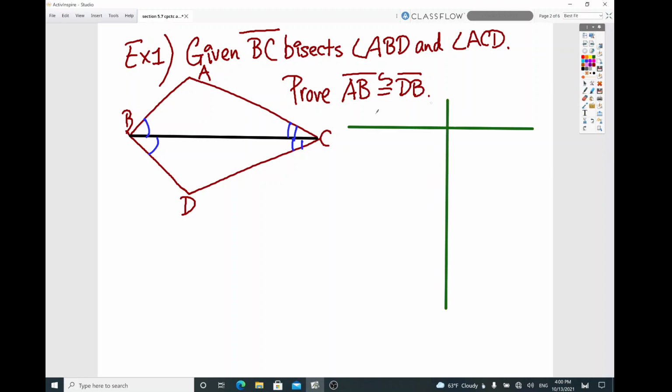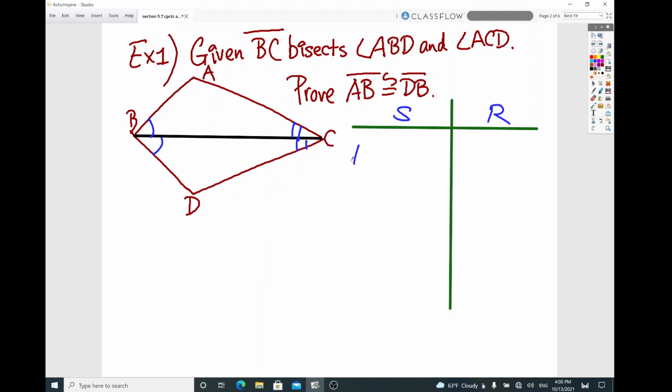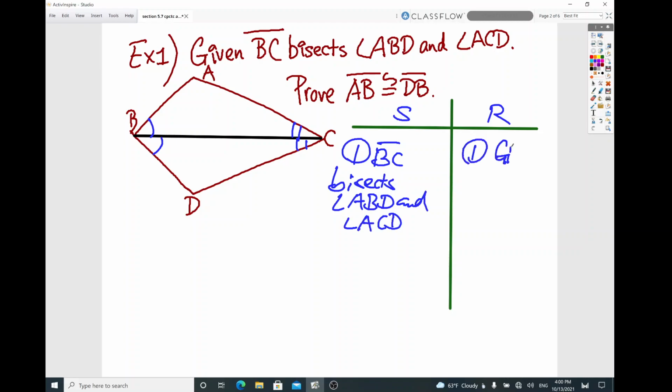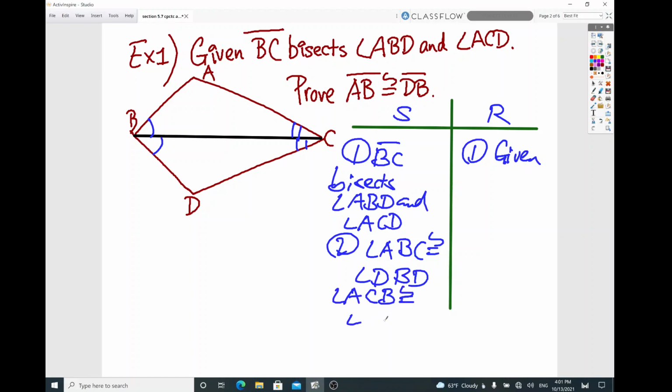The first statement is that segment BC bisects angle ABD and angle ACD, and the reason is given. Therefore the second statement: angle ABC is congruent to angle DBC, and angle ACB is congruent to angle DCB.